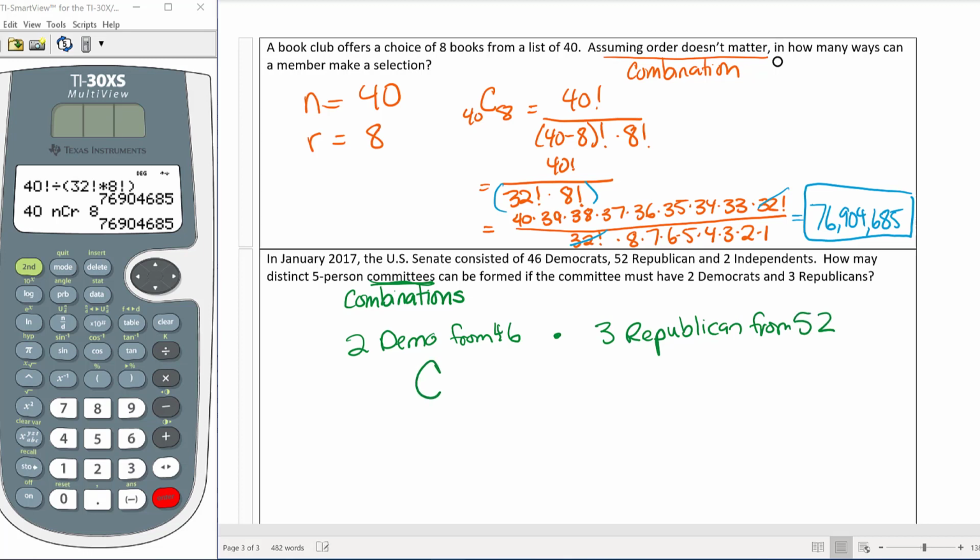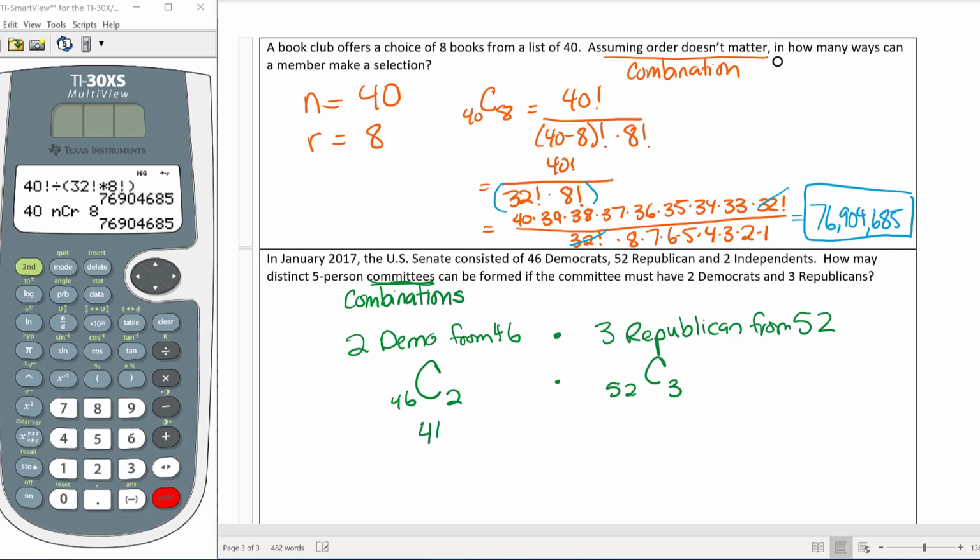Okay, so I am going to be choosing 46 choose 2, and then multiplying by 52 choose 3. Now I'm going to use my formula.